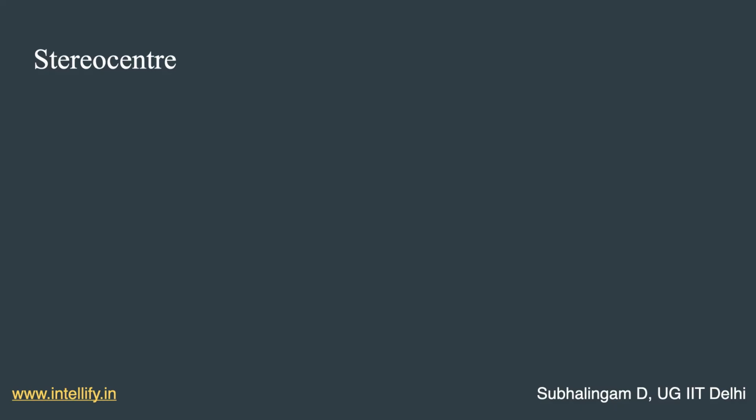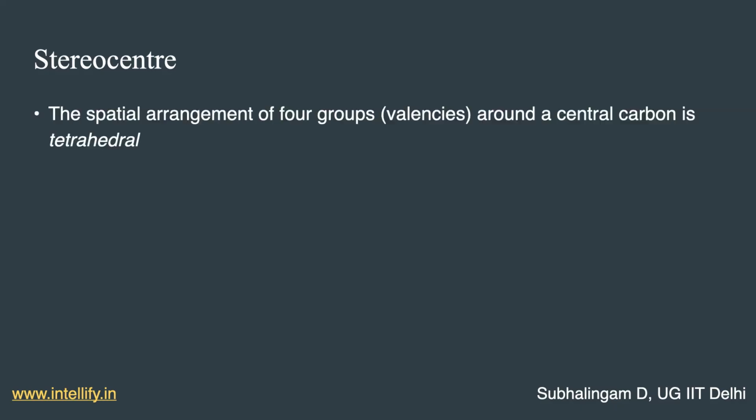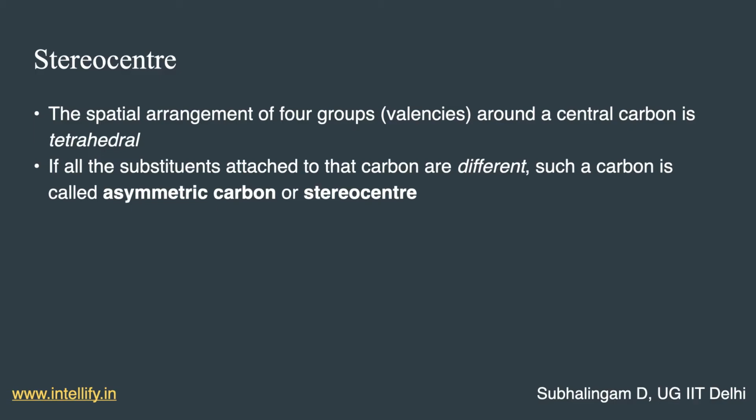So what's a stereocenter? It's a new term. Let's look at it. The spatial arrangement of four groups around a central carbon is tetrahedral. We all know this. We have learned this in class 9th, I suppose. And if all the substituents attached to that carbon are different, such a carbon is called an asymmetric carbon or stereocenter.